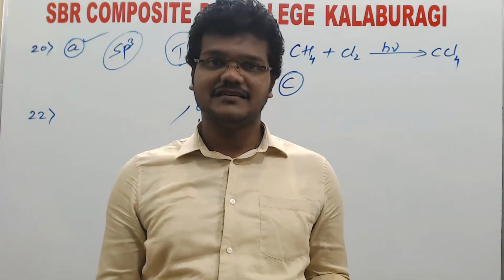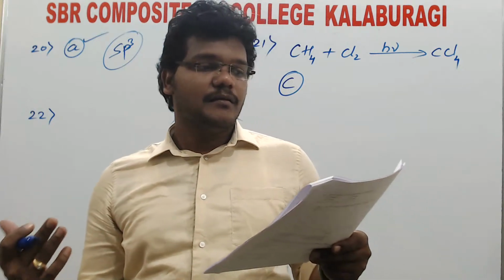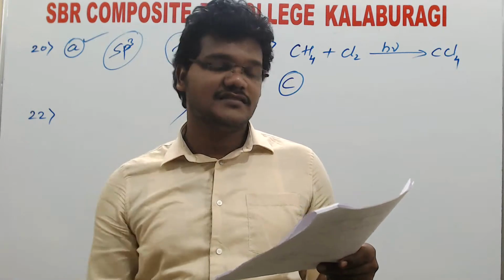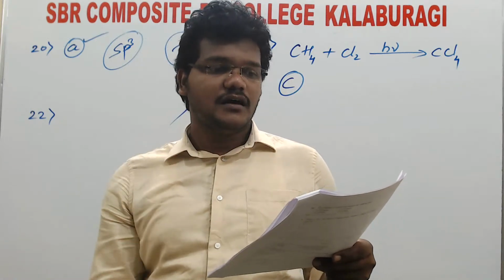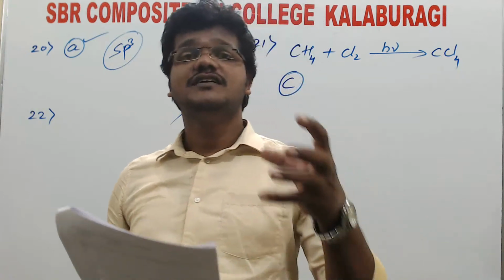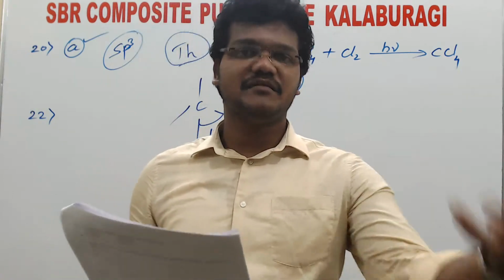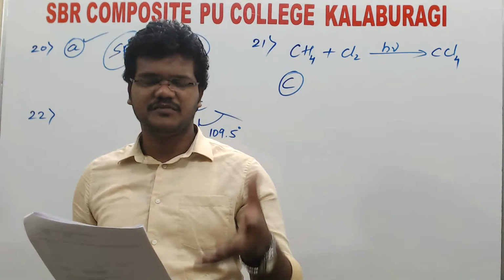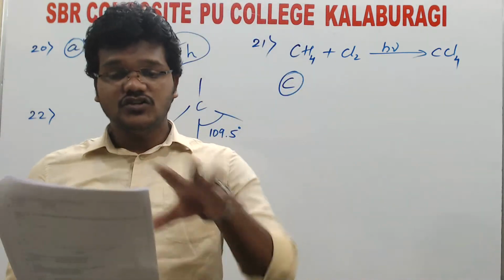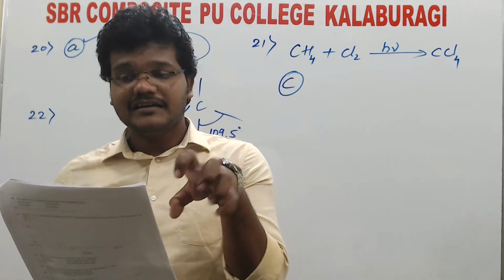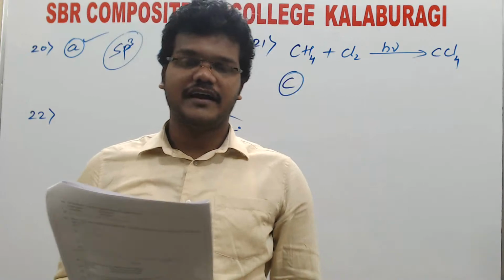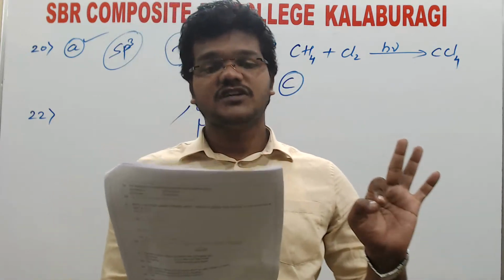They have given platinum or nickel, palladium, SiO2 silica, or else mischmetal. What do you mean by mischmetal? It's an alloy of cerium, lanthanum, and other metals. So which among these is used as a more preferred catalyst? Here it is option A.